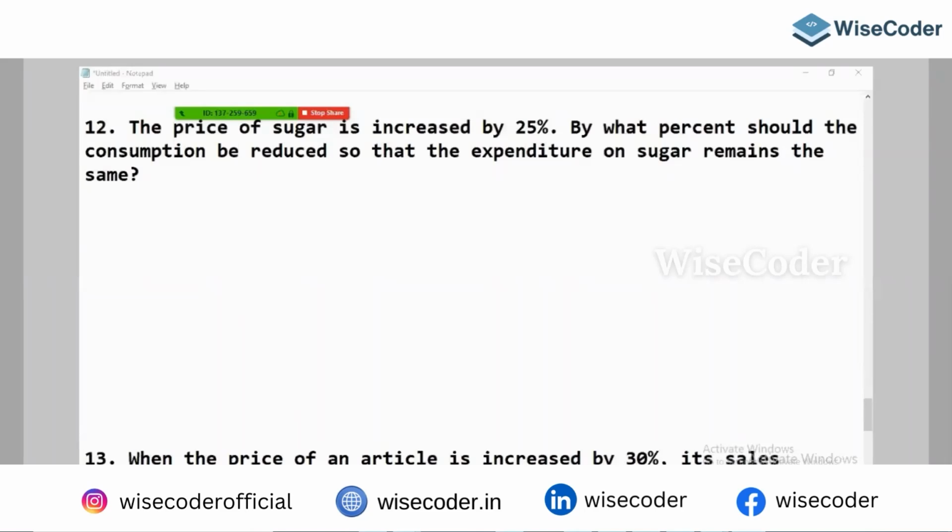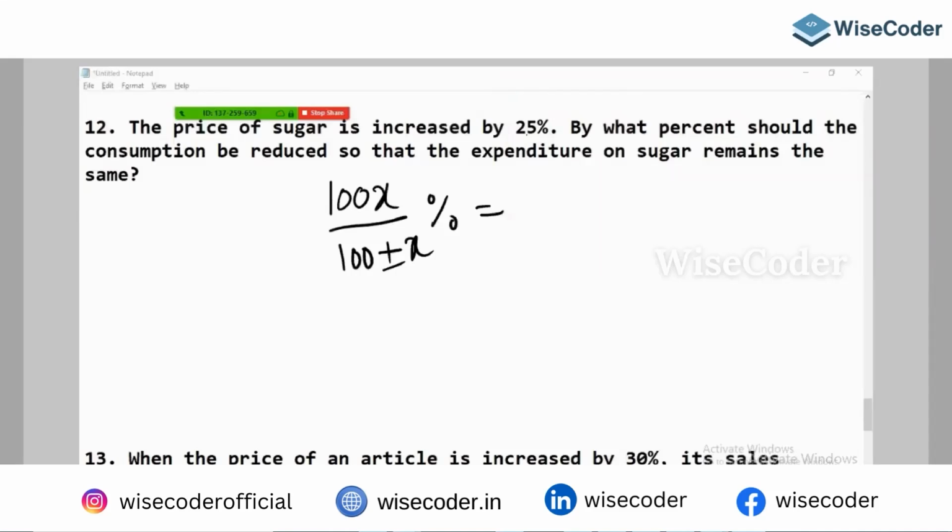I hope it is done. The price of sugar is increased by 25%. By what percent should the consumption be reduced so that the expenditure on sugar remains the same? Whenever the expenditure is to remain the same, you have to use this formula: 100x by 100 plus or minus x percentage.